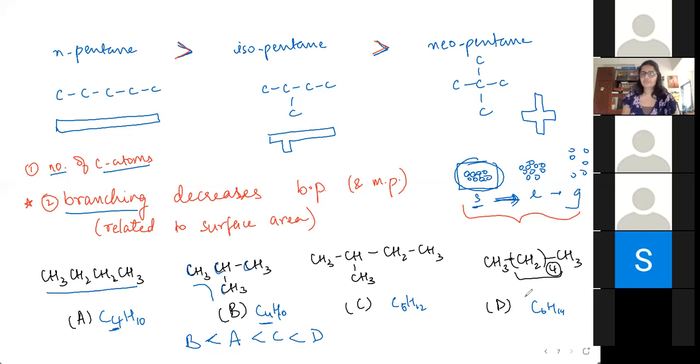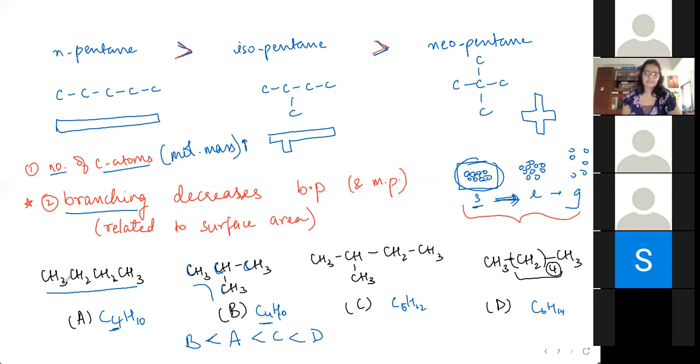Okay. So any more confusion? If you get a similar question, will you be able to do it? For the number of carbon atoms, don't think of nomenclature, like longest chain is 3. This is purely for molecular mass. Basically, if the molecular mass increases, the boiling point increases.